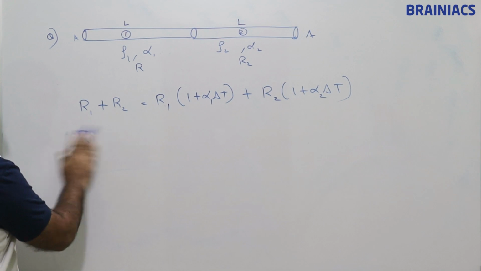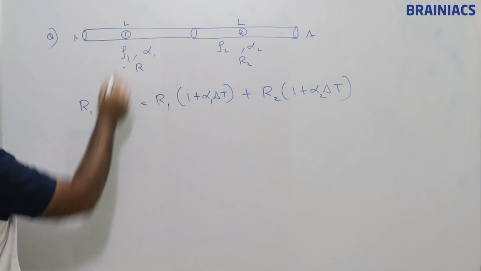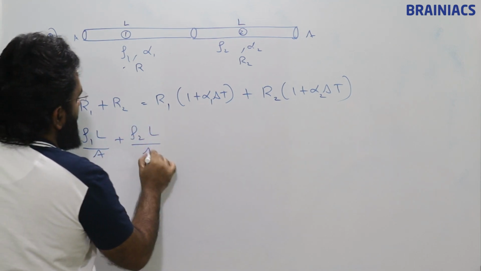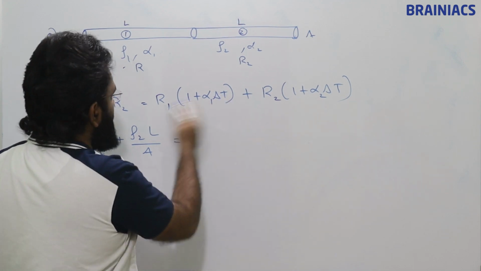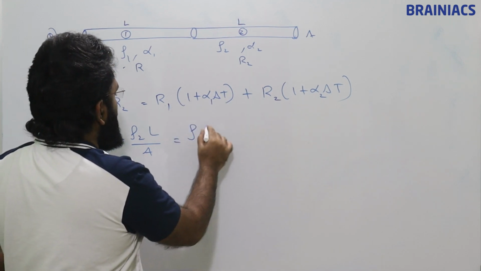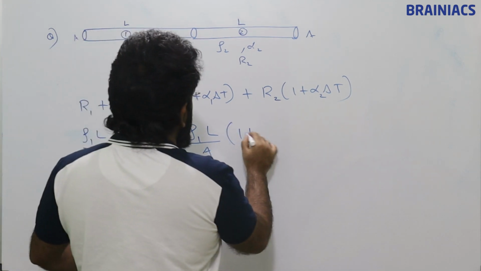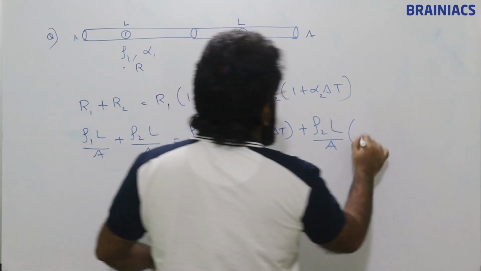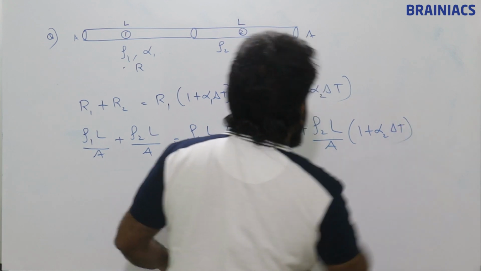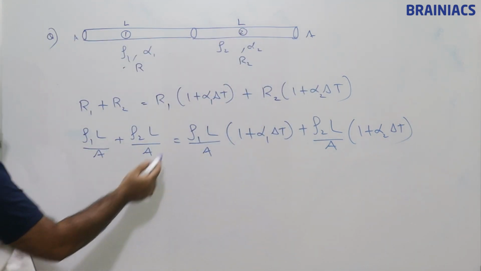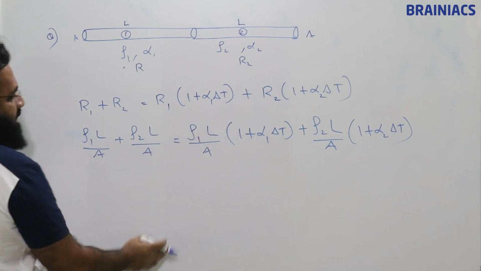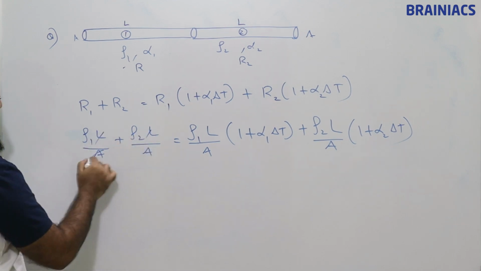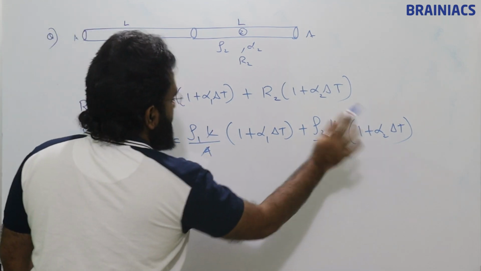So now we will replace with the resistivity. So rho 1 L by A plus rho 2 L by A is equal to, put it inside or no problem, rho 1 L by A into 1 plus alpha 1 delta T plus rho 2 L by A into 1 plus alpha 2 delta T likewise. So here, if we multiply inside, this term will come this side. So anyway, L, L, A, A, all this can be cancelled off.